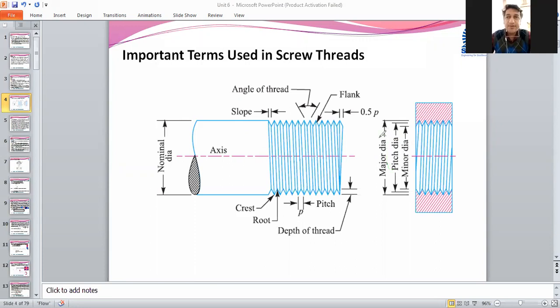When you consider a thread on a nut, it is the larger diameter, up to which the thread is dug out or where the threads are manufactured. So this is the bigger diameter as far as the nut is considered. On the bolt also, the diameter which is measured from the upper side or outer side, you are going to call a major diameter.